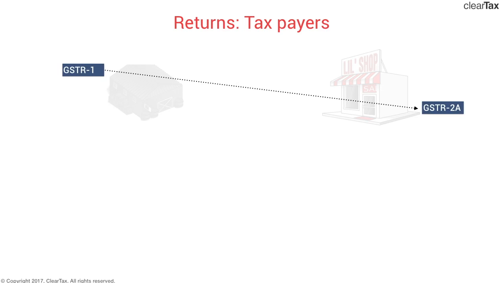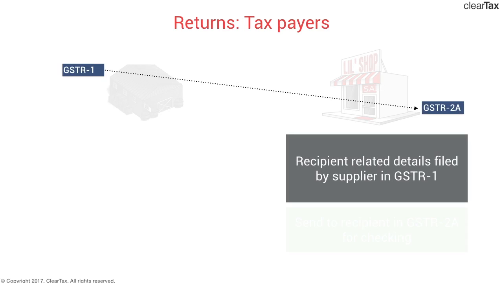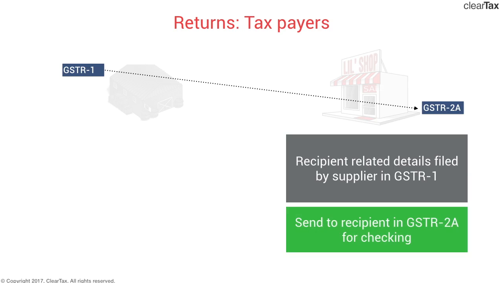The recipient related details that the supplier has filed in GSTR 1 for recipient A will be sent to recipient A in GSTR 2A for checking purposes. This GSTR 2A is auto-generated from the GST tax system for the recipient's particular information.